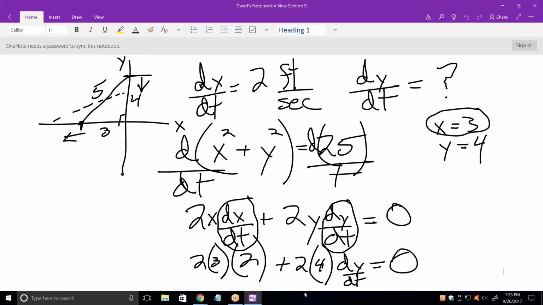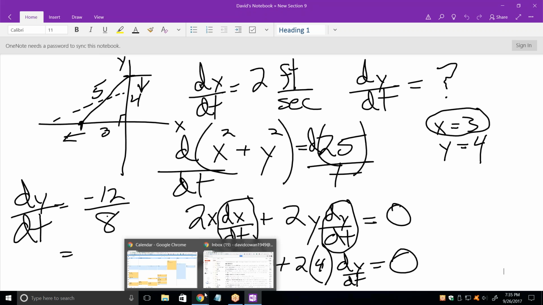Okay? And what that gives you is dy/dt is equal to minus 12 divided by 8, or minus 3/2.